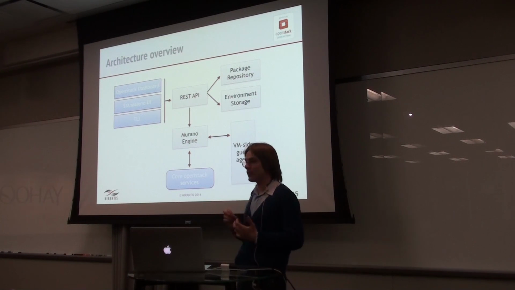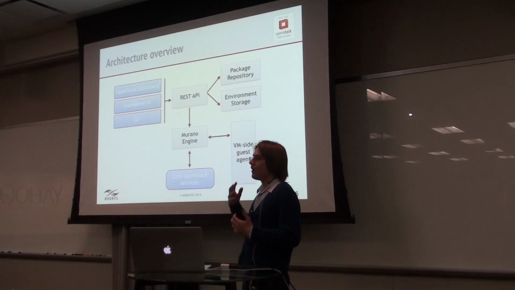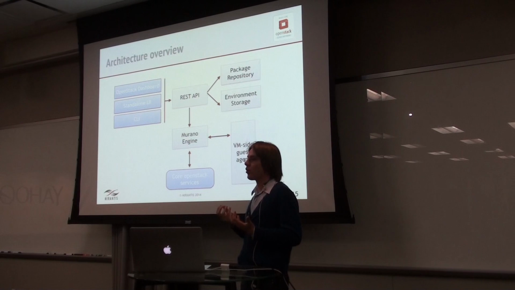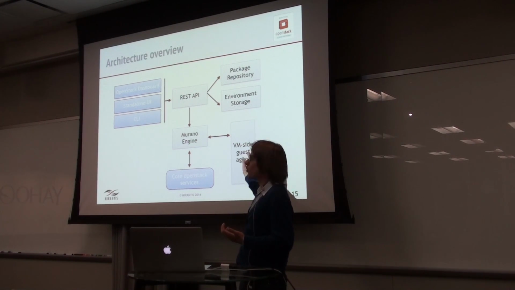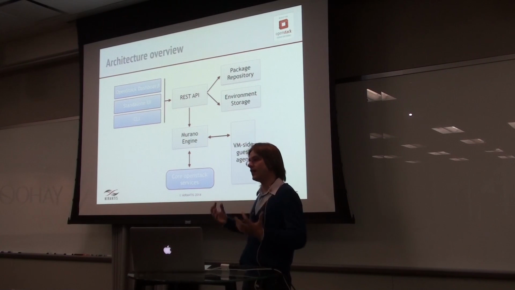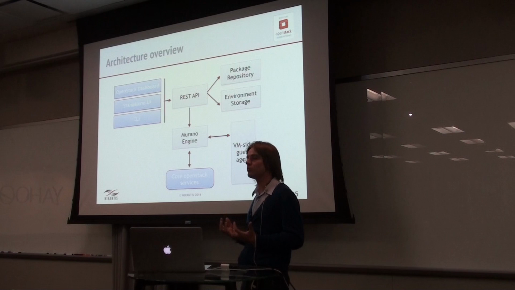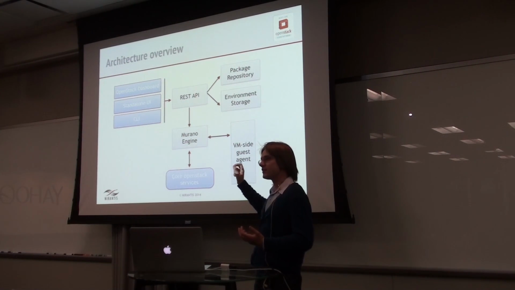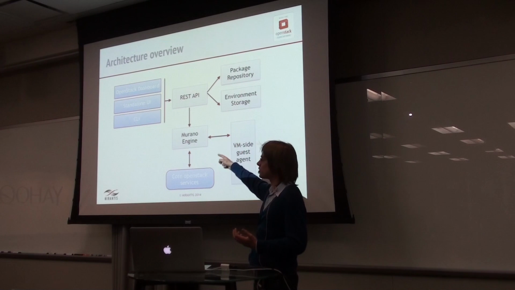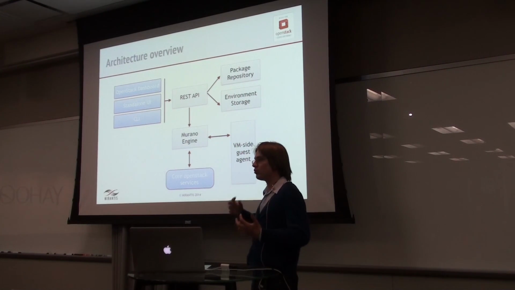For others, for software components, the workflow may require sending commands to a virtual machine which runs our guest agent. As soon as Heat has instantiated the virtual machine, the Murano agent starts running there, and it waits for commands from the Murano engine to execute various configuration actions. So the software gets configured after the instance has been instantiated.